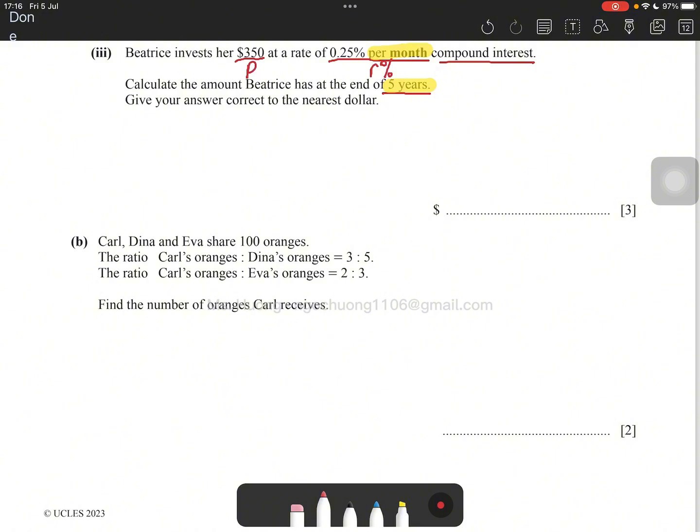5 years means, each year has 12 months, so 5 years is 5 times 12 equals 60 months. We need to convert this into 60 months. And now we can calculate the total amount that Beatrice received after 5 years.